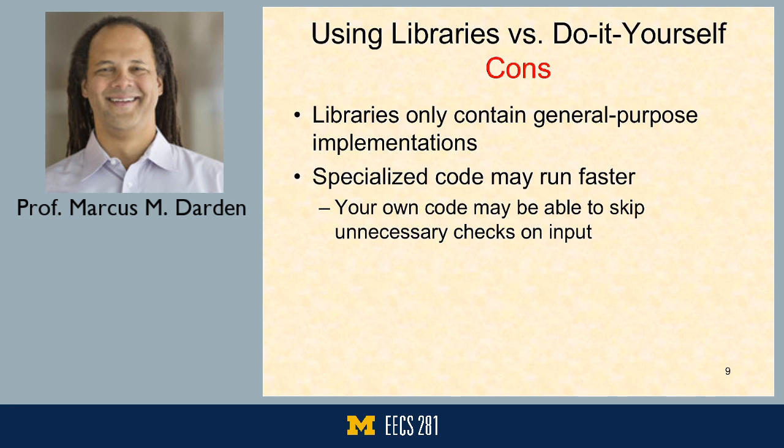So general purpose things make checks that protect everyone, but if you know, for instance, that your data won't have to be checked for this particular aspect of it, then you can cut that out. You end up with something faster. So since these general purpose implementations are usable by everyone, your specific implementation might be a little better.